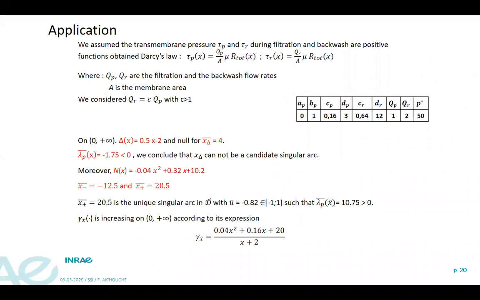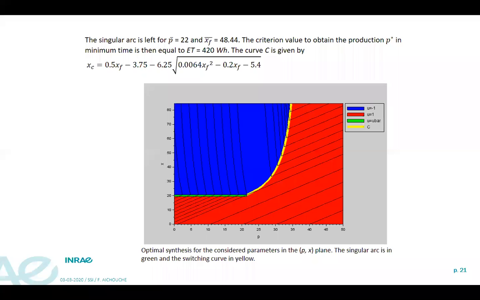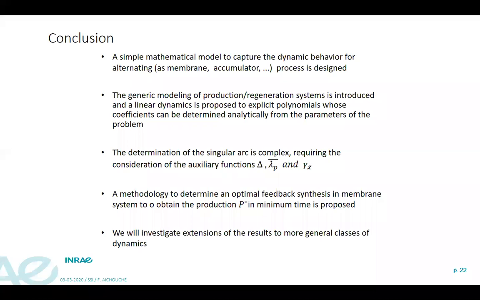For application, we considered a filtration system and give a complete synthesis with construction of the switching curve and calculation of the singular arc. We finally find an optimal synthesis which has a unique singular arc in D with u bar belonging to minus 1, 1, and the switching curve is given by xc.